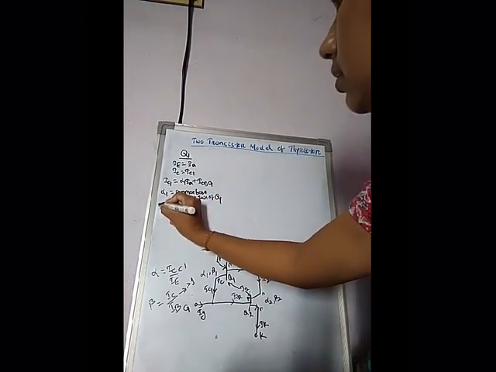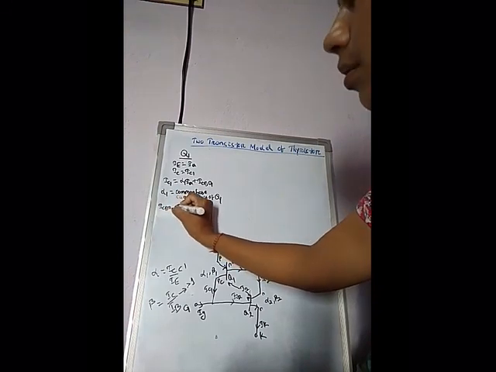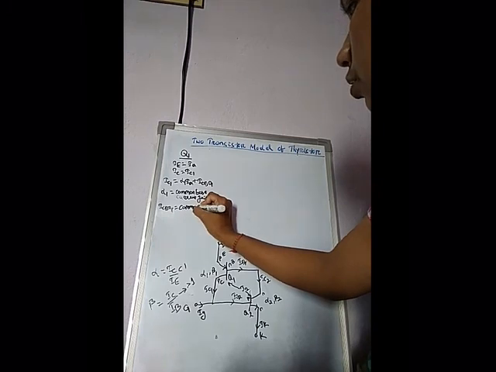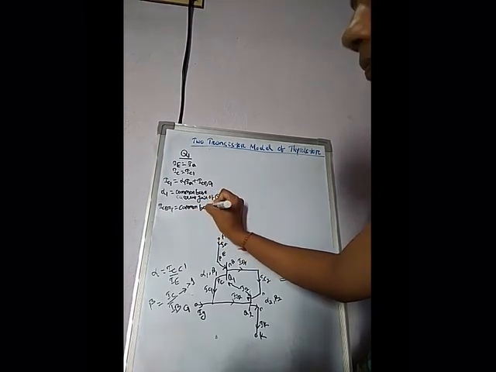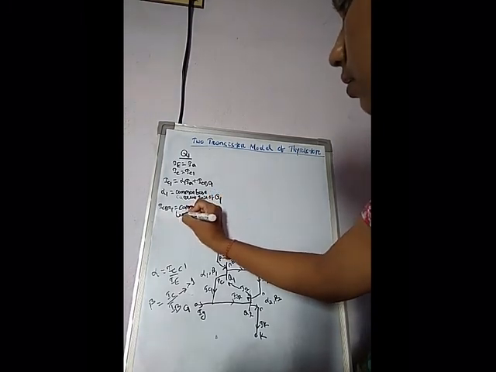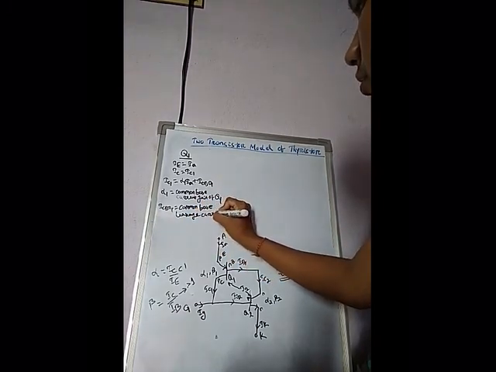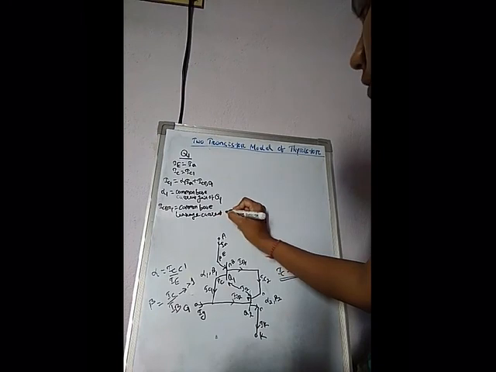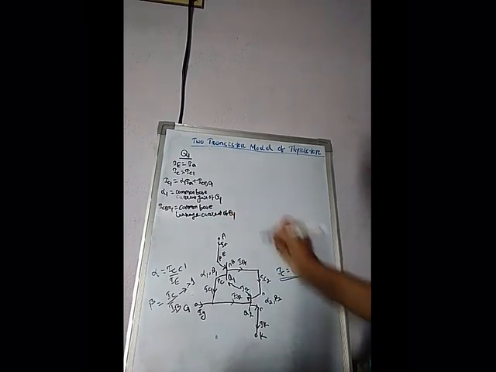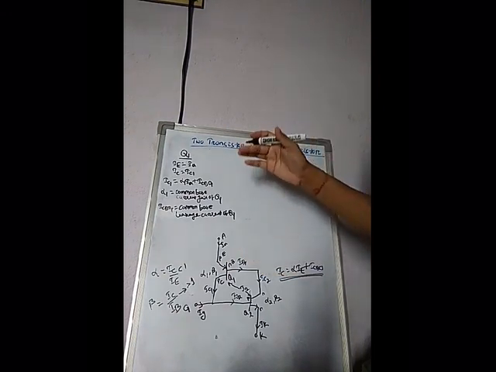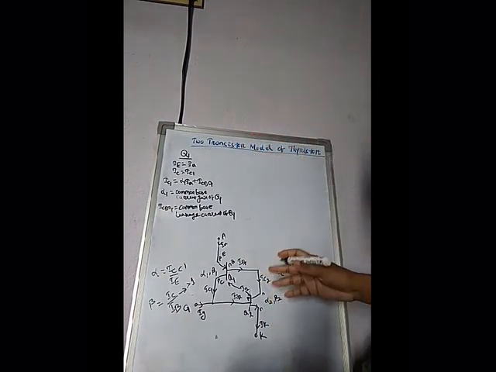Similarly, ICBO1 is the common base leakage current of Q1. Understood? So now the same thing we will do for transistor Q2.